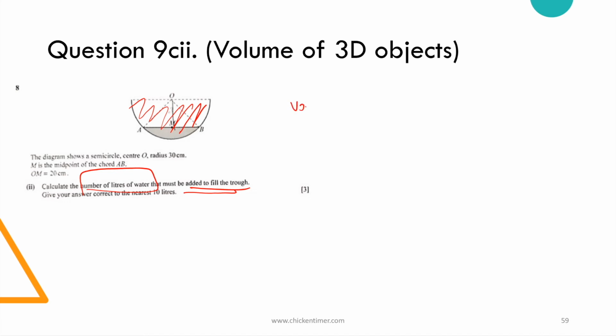So the volume of the trough is the cross-sectional area times length. The length is 150 centimeters. The cross-section area is a semicircle, so it's half times pi times r squared. Radius is 30.